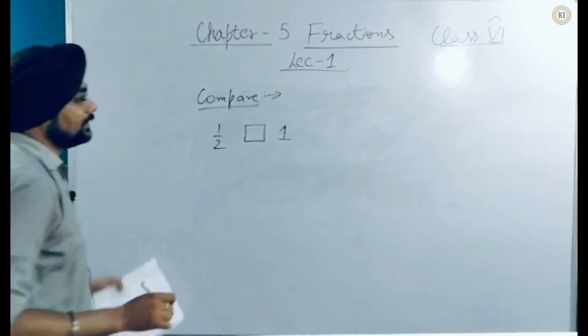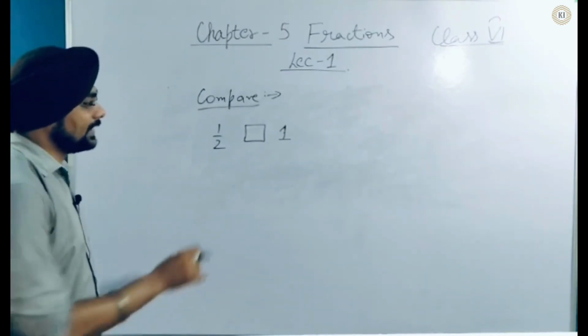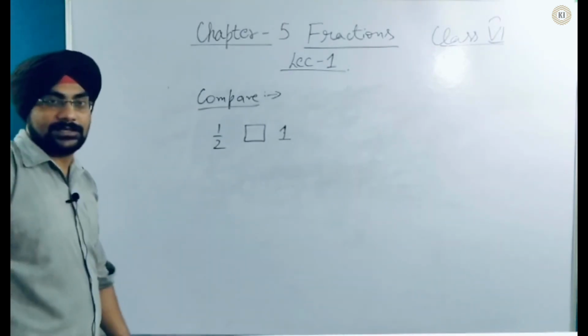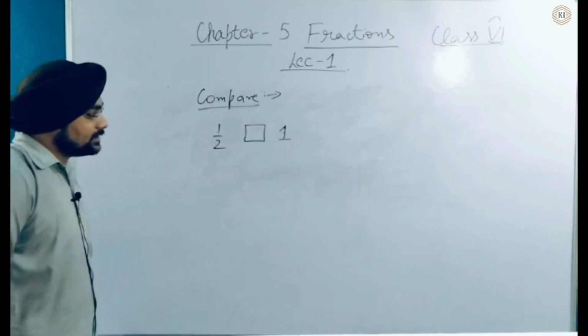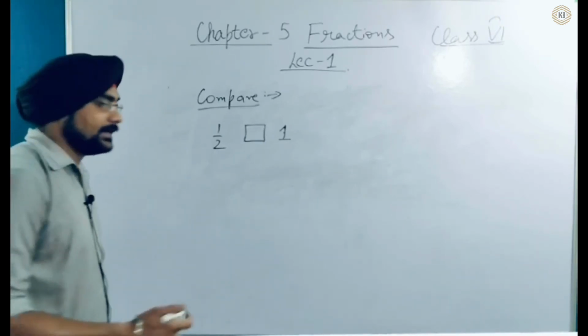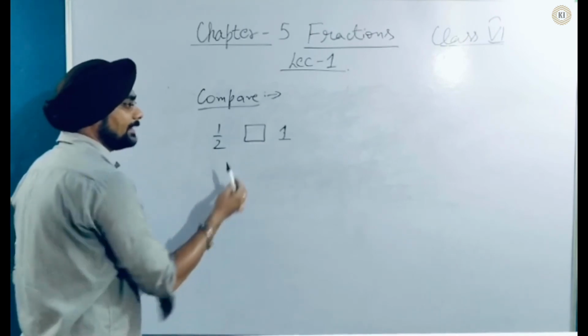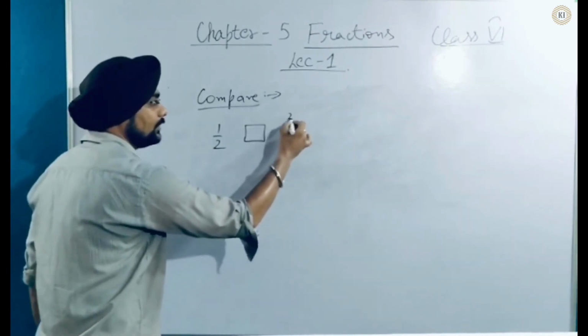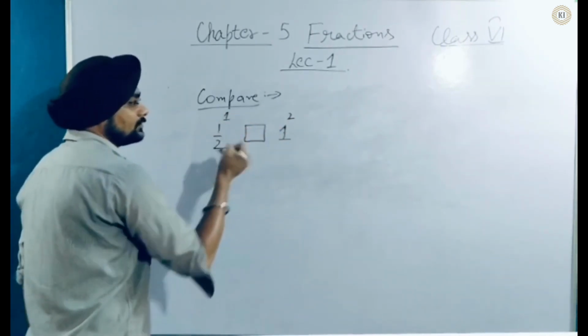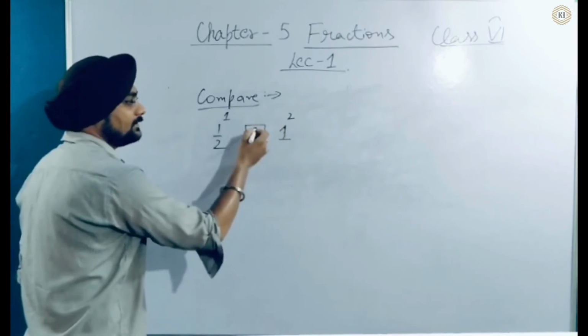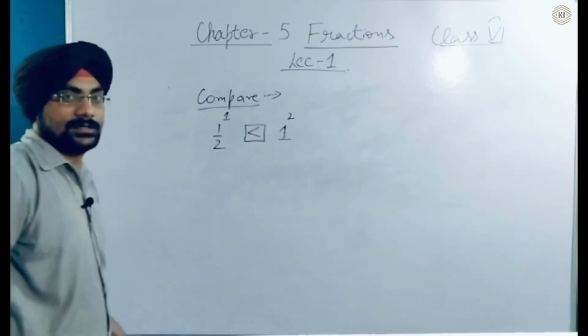In this question we have to compare which value is greater, either this 1 by 2 or this 1. In this way we cross multiply. This 2 is cross multiplied with 1. So 2 into 1 will be 2 here. This value will be 1. We know that 2 is always greater than 1. So this value is greater.